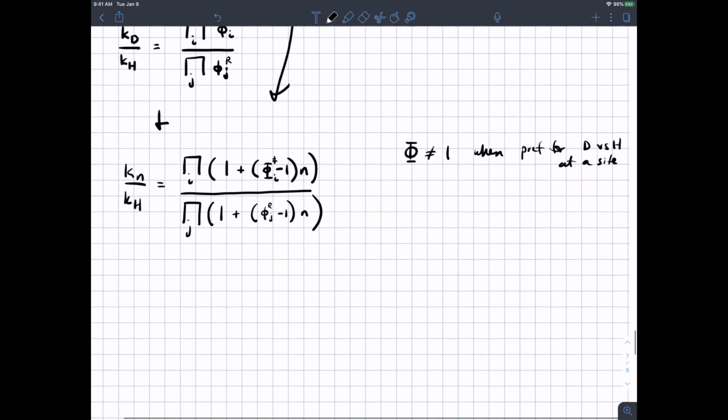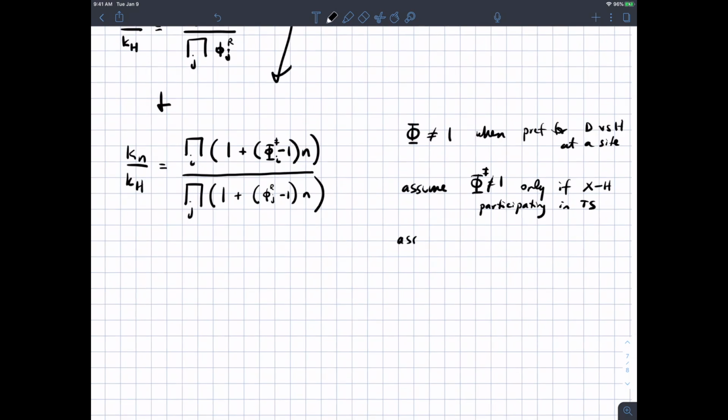We're going to make the assumption that in the transition state, phi does not equal 1 only if the HX bond is somehow participating or breaking in the transition state.